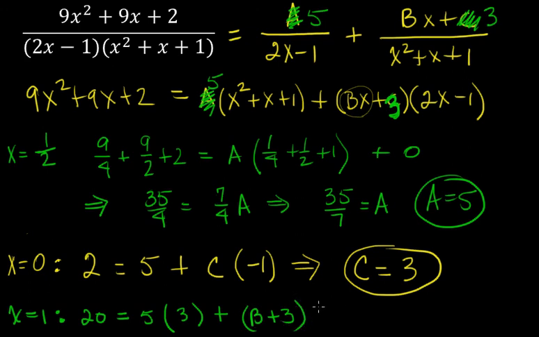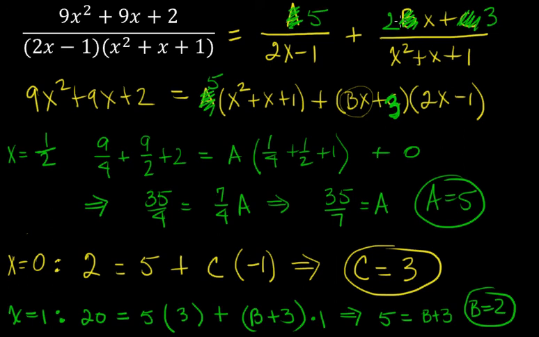Be careful, it's b plus 3 the quantity, times 2 times 1 minus 1 is just 1. So this will give us 20 equals 15, so 5 is equal to b plus 3. So b is equal to 2. And we're done. So b is equal to 2.